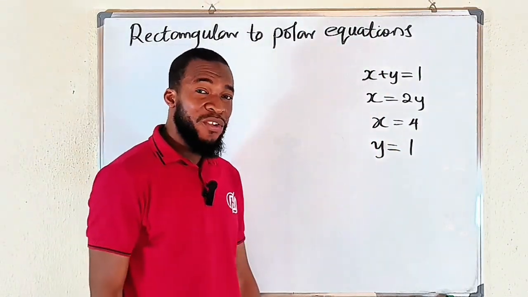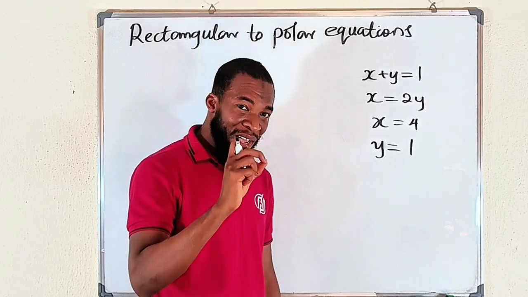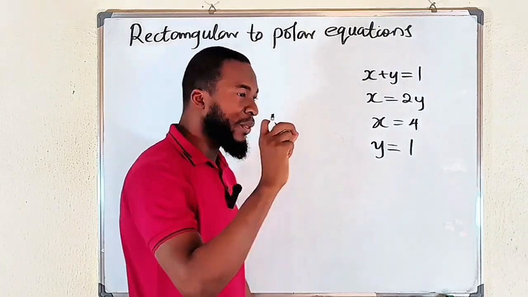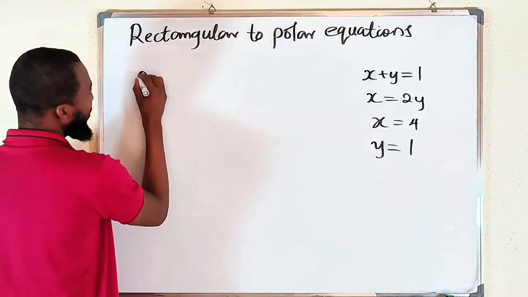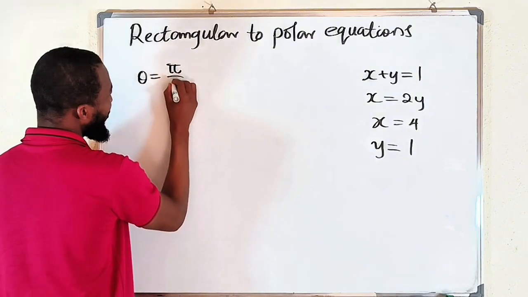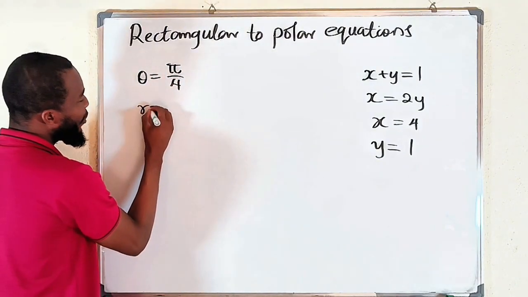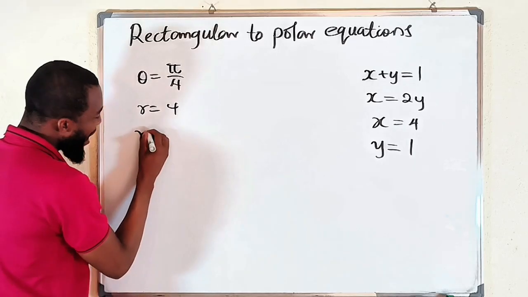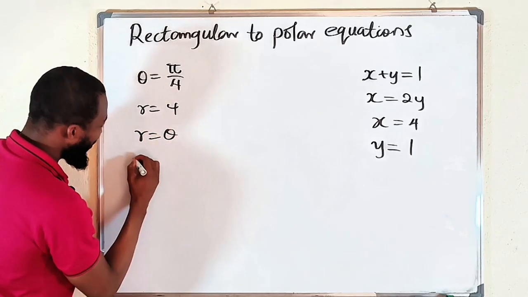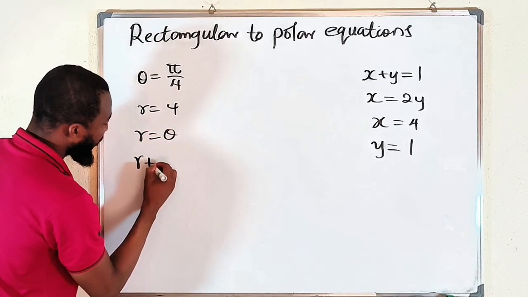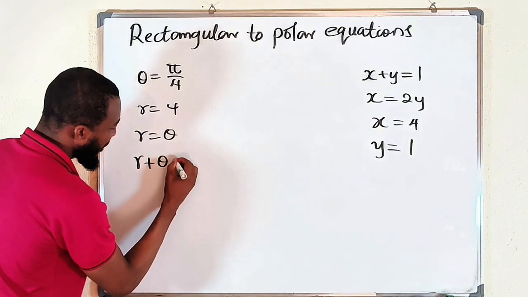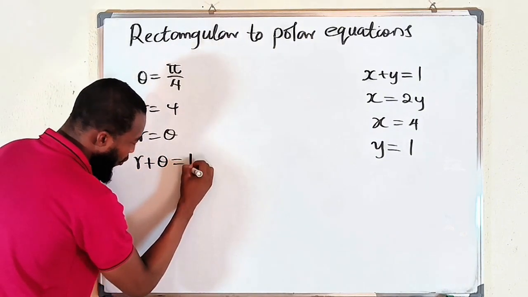But in polar equations, you can only see theta, r, or both. You may see theta equal to pi over 4, which is a straight line. You may see r equal to 4. You may see r equal to theta. You may see r plus theta equal to maybe 1.